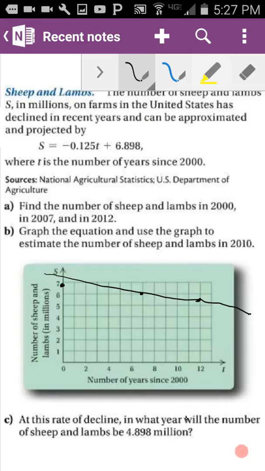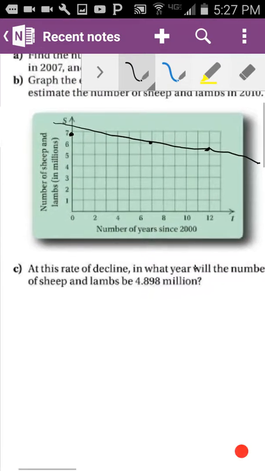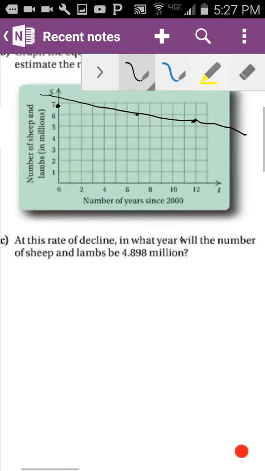So we would write S would be 5.6 million as an estimate. You would have a more accurate estimate because the computer would not do such a scrawly line.